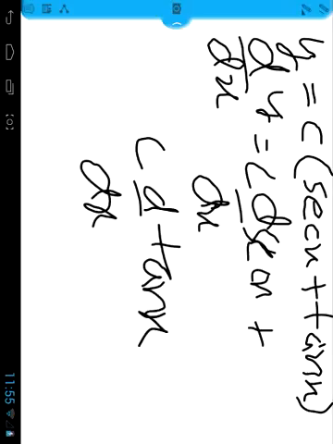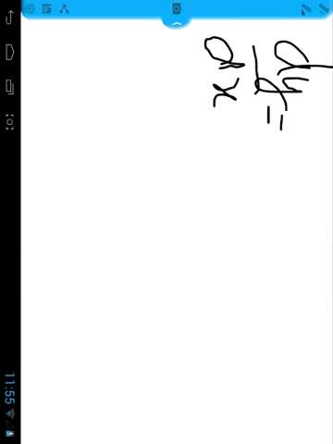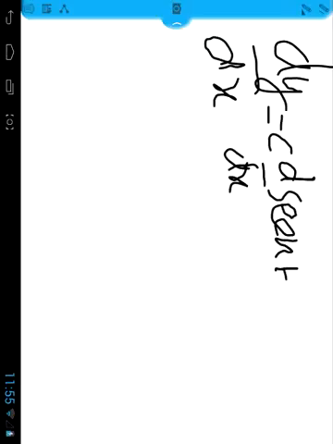So we are left with dy upon dx is equal to c d upon dx sec x plus c d upon dx tan x.